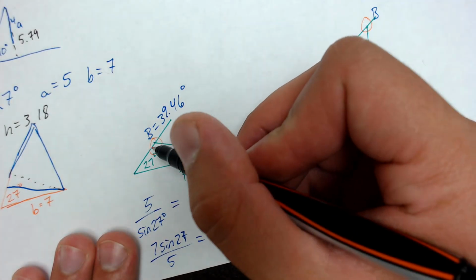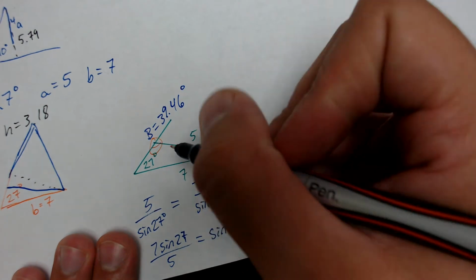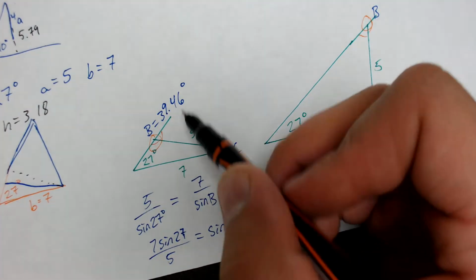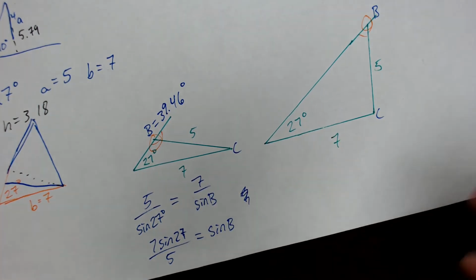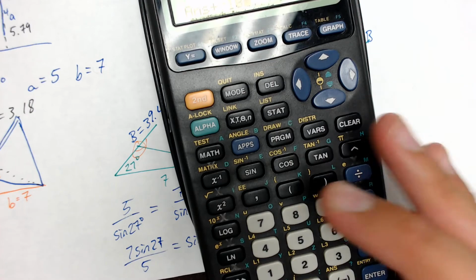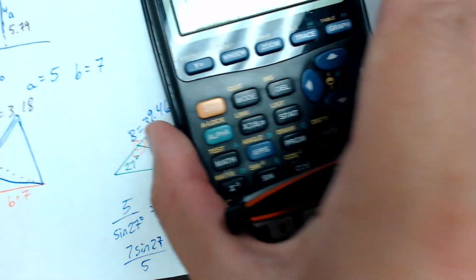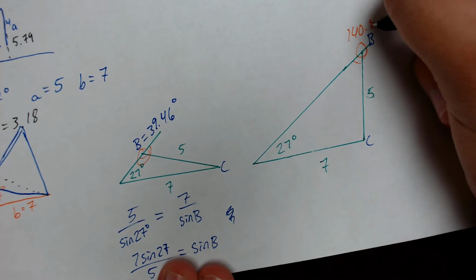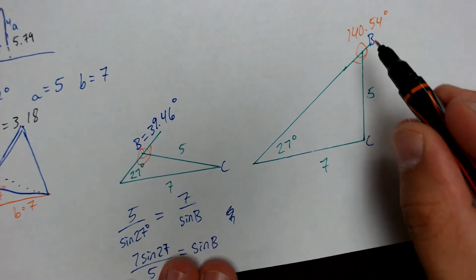These two versions of B are actually going to be supplementary. So if I subtract this one from 180, I get the other version of B. That gives me 140.54 degrees, and that's the other version of B.